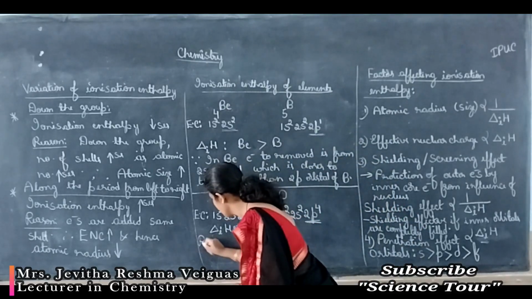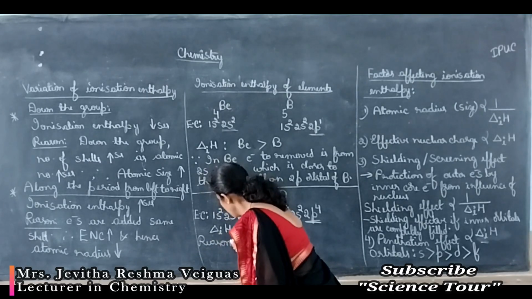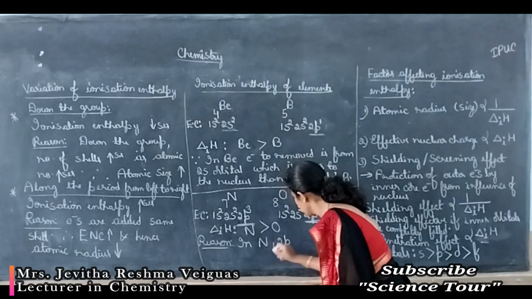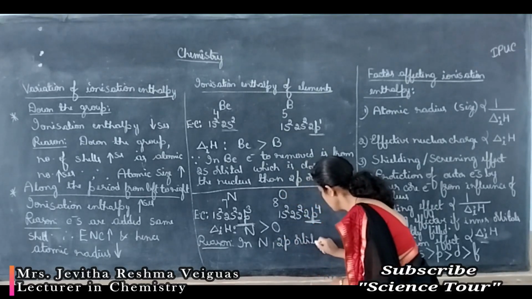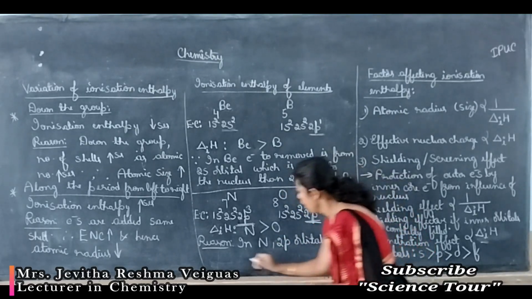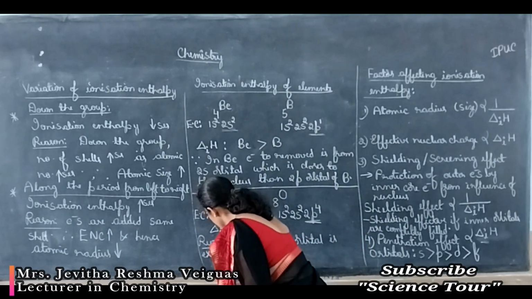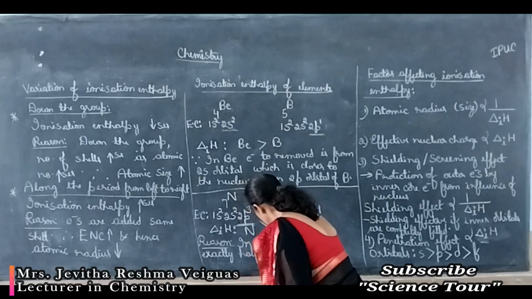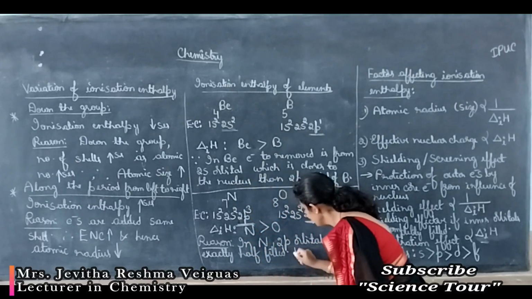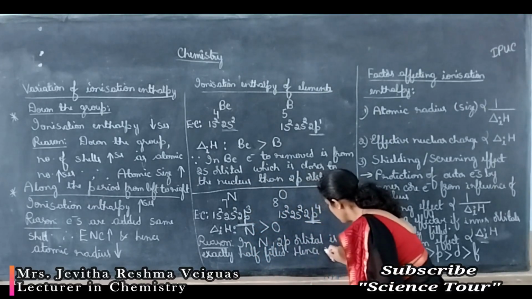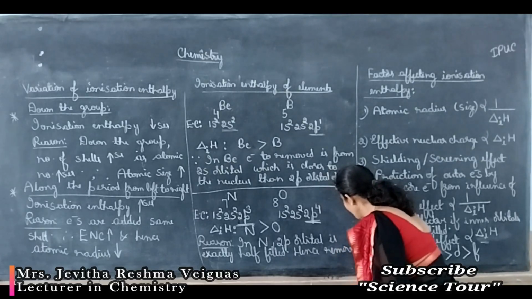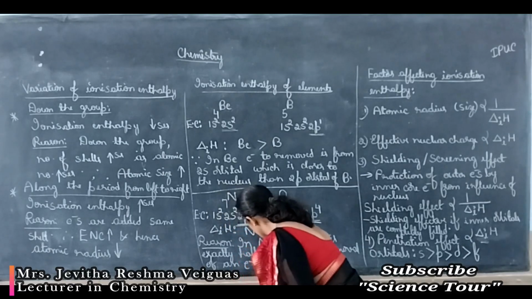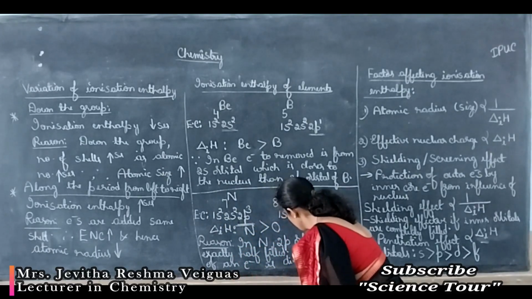The reason behind this is, in nitrogen, 2p orbital is exactly half filled. Hence, removal of an electron is difficult.